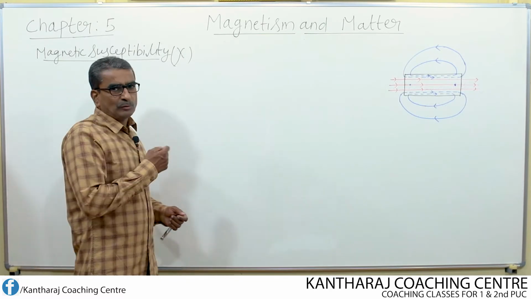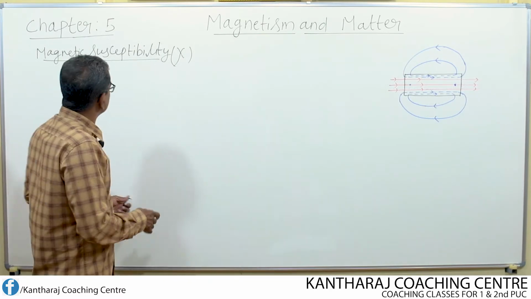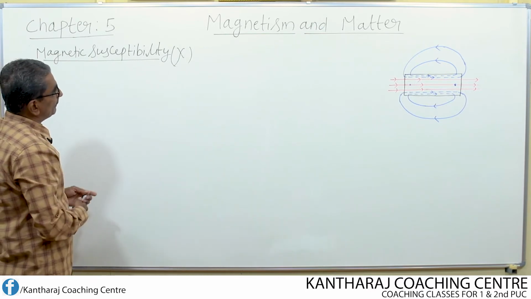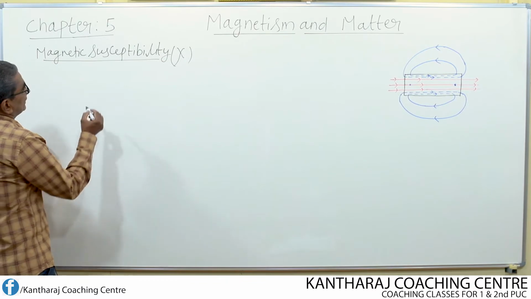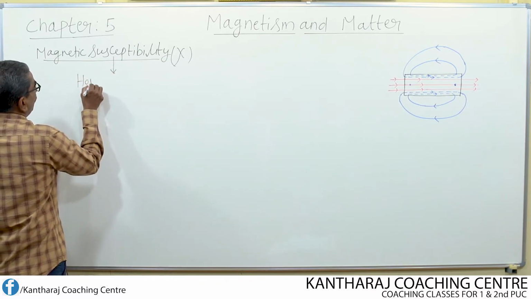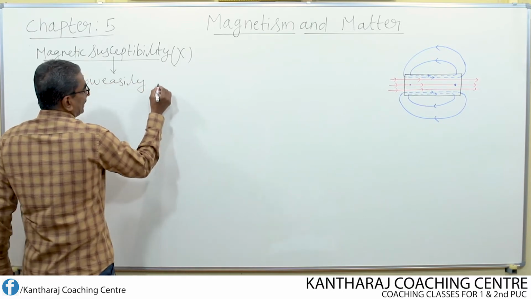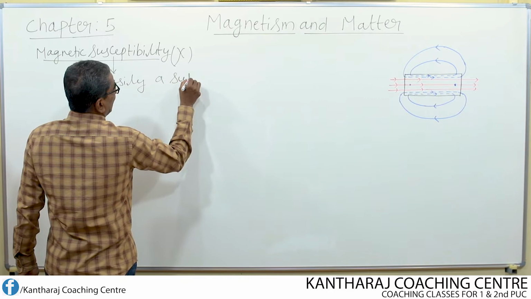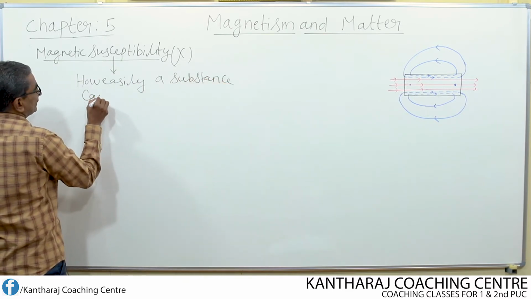Now let us define one more term related to the magnetic properties of the material, which is known as magnetic susceptibility. The term susceptibility refers to how easily a substance can be magnetized.